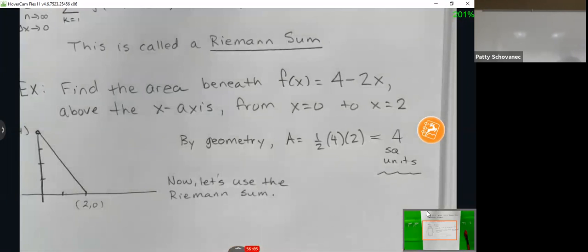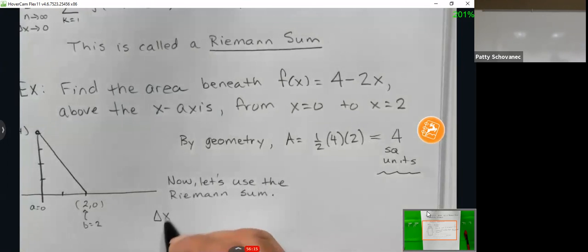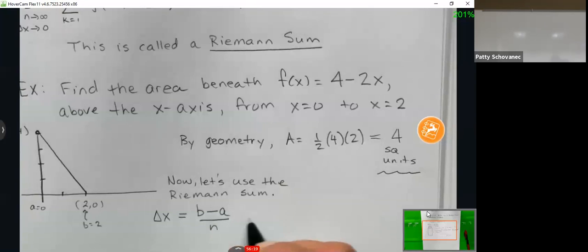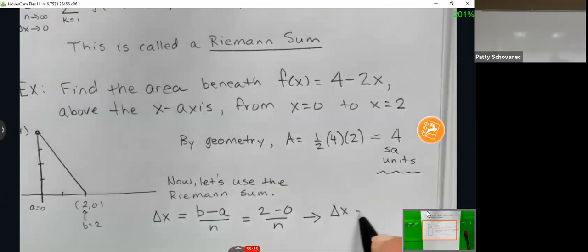B minus A divided by N. My A is 0, and my B is equal to 2. So delta x is B minus A divided by N, 2 minus 0 over N. Delta x is 2 divided by N.